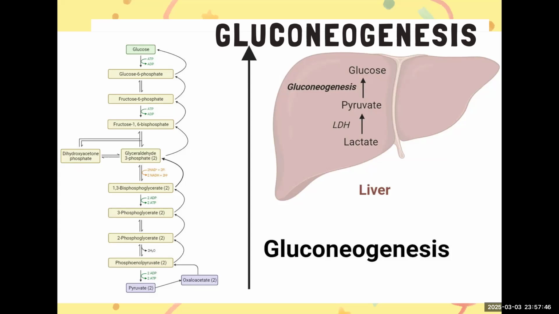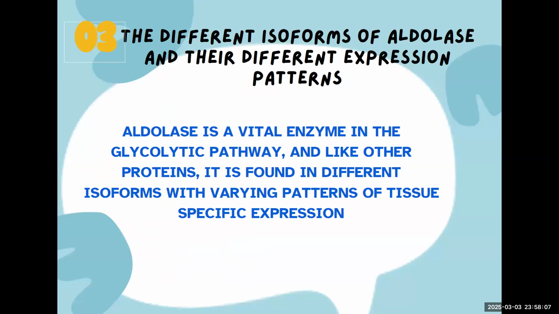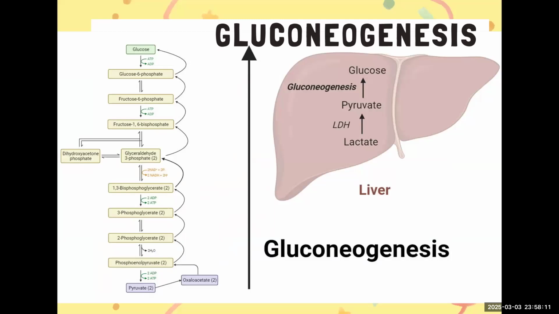We combine them together to form the glucose molecule and store it during any kind of starvation or any time the body requires energy. This mainly happens in the liver. So without aldolase, we cannot combine the three carbon molecules to form glucose, which is 6 carbon.